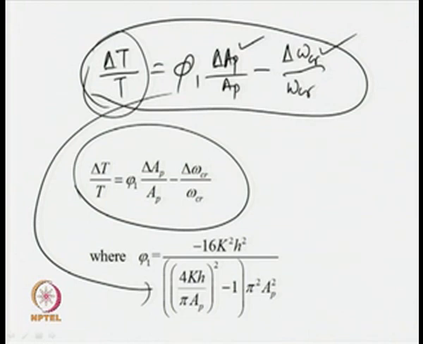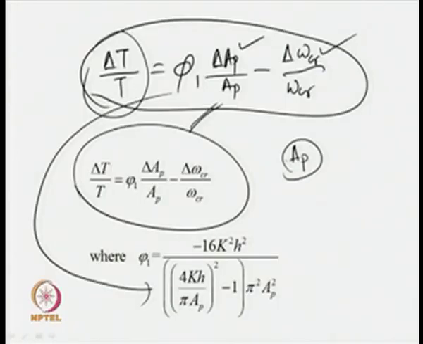If I look at this expression, certainly the first term, that means if there is little error in the measurement of peak amplitude, that is going to affect more than the error associated with the measurement of omega c r, because phi 1 could be greater than 1.